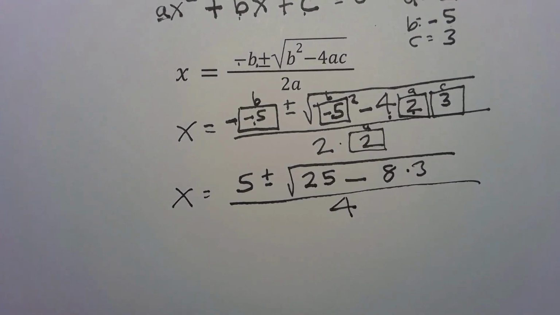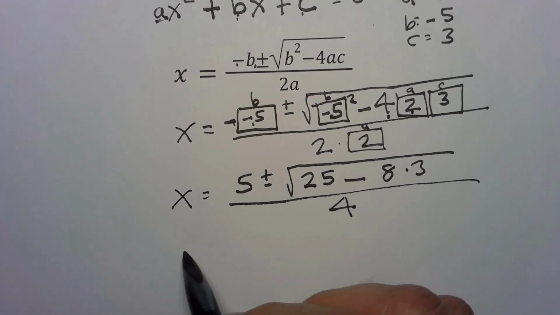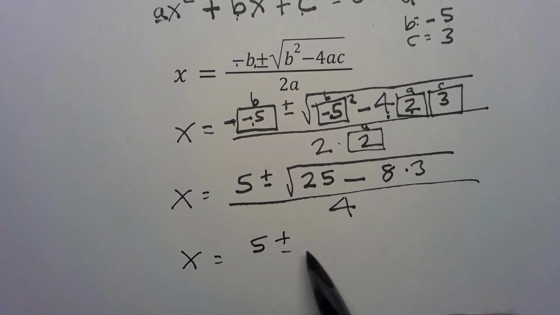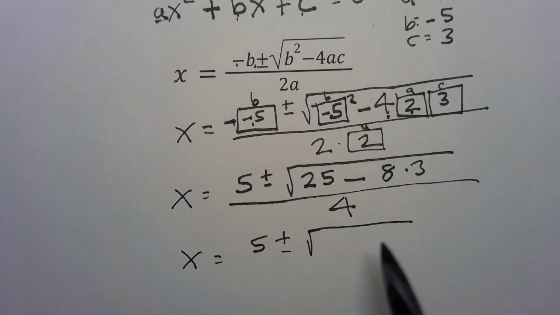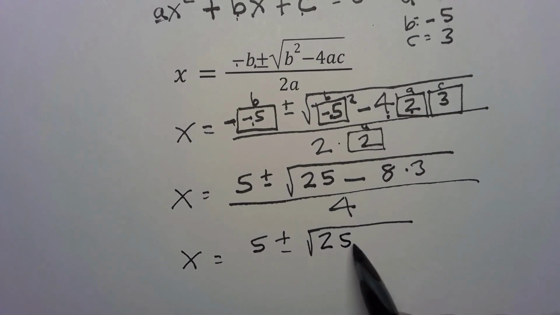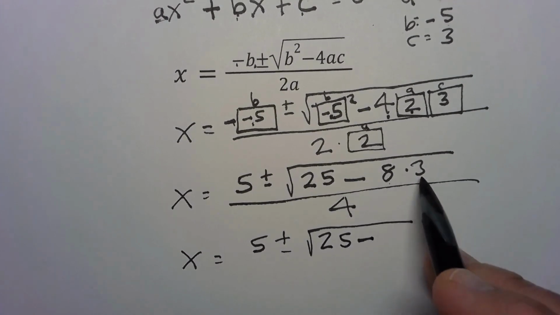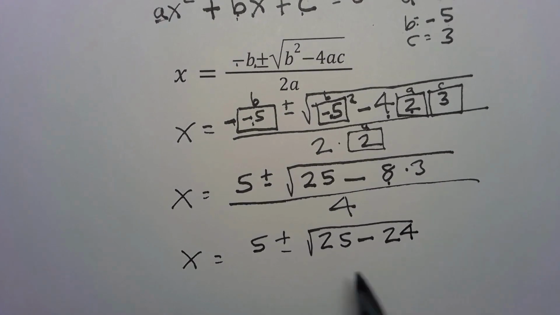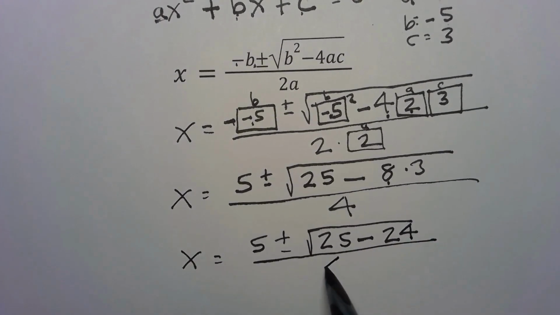Let's continue to clean it up. I've got x is equal to 5 plus or minus the square root of 25 minus, and then if I've got 8 times 3 is 24, all over 4.